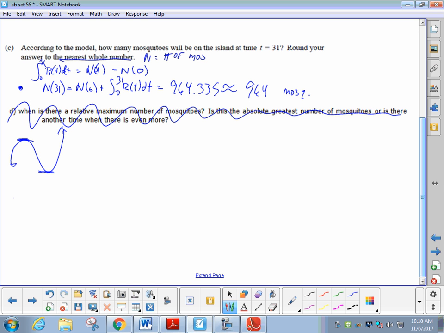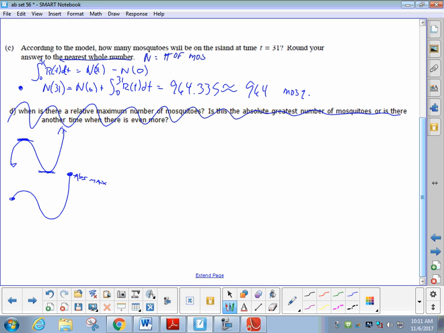If you close a function off, in other words, don't let it go forever but end it, well then, if a function is continuous and closed, then it must have an absolute max. Now this is surely the absolute max. What about the min?